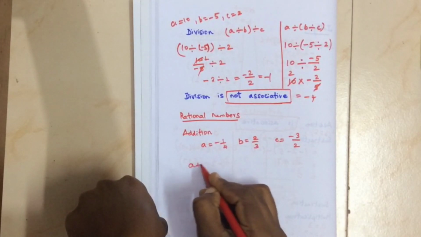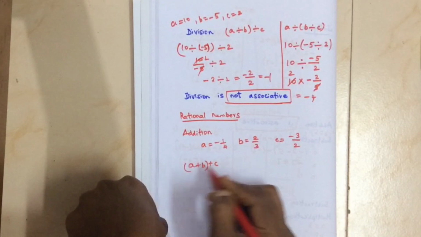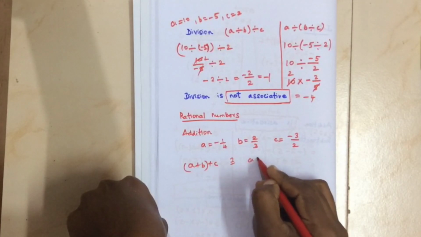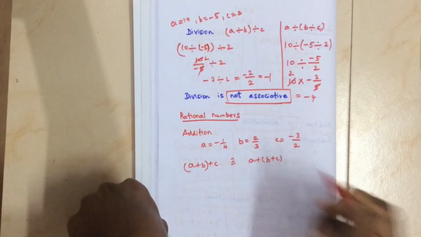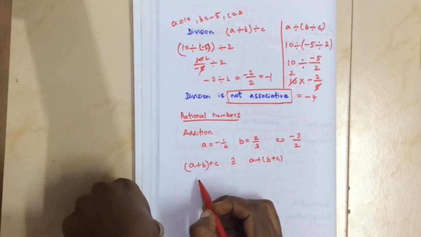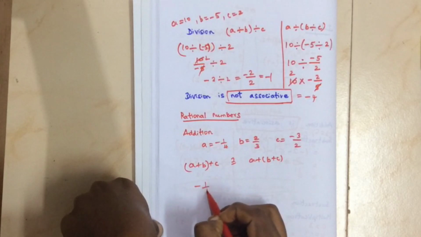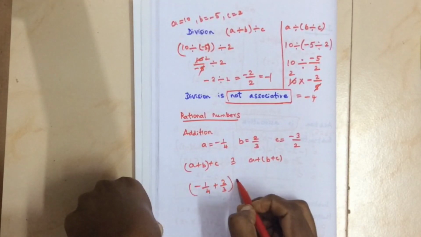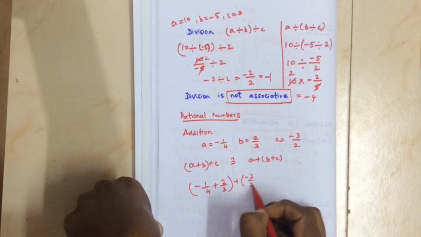What you have to check? a plus b plus c, is that equal to a plus b plus c with the other grouping? Okay. So first I will start with this side. Let me take minus 1 by 4 plus 2 by 3 plus minus 3 by 2.